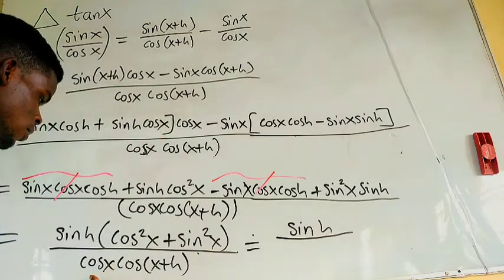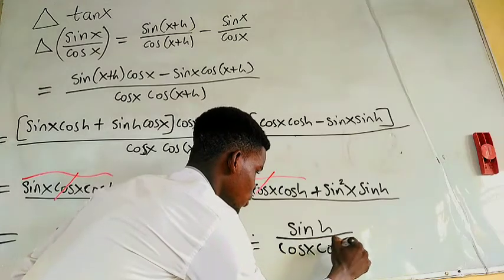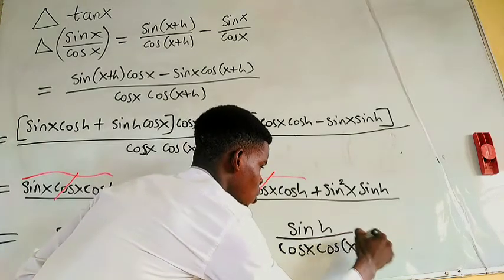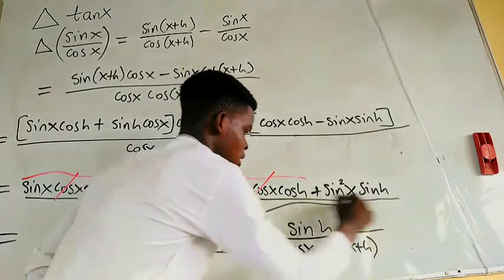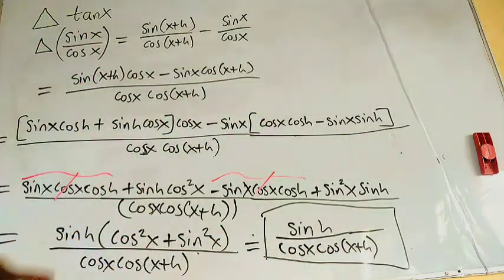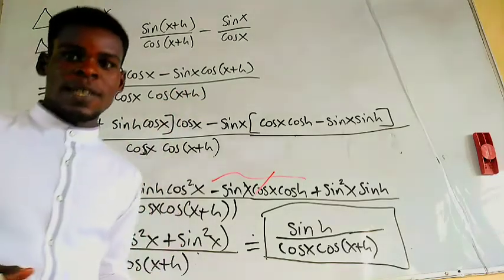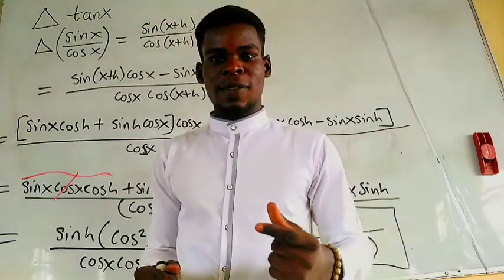And in the denominator, we just have the same thing, cosine of x and cosine of x plus h. Well, this is the place we can stop for the forward difference of tangent of x. So this is just a direct expansion, but it's actually the same thing. Okay, thanks for watching and thanks for subscribing as well.